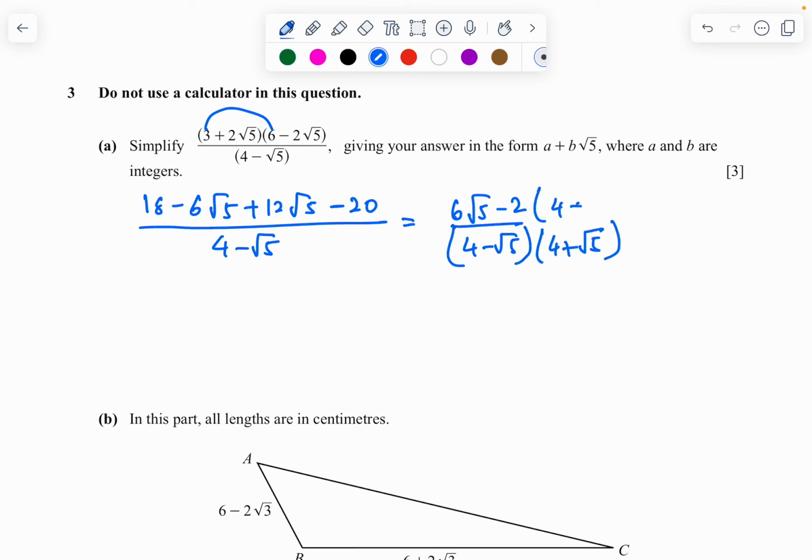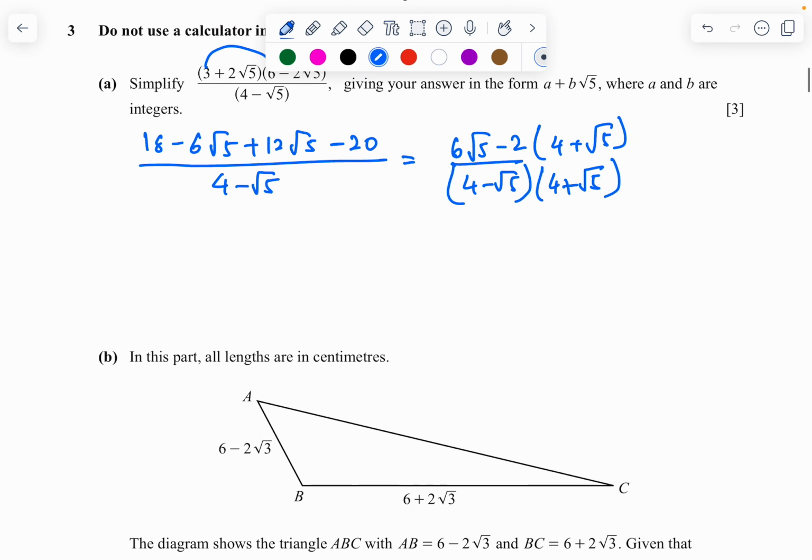Times with 4 plus square root of 5. So this gives me 24 square root of 5 plus 6 times 5 is 30, minus 8 minus 2 square root of 5, over 4 times 4 is 16 minus 5.